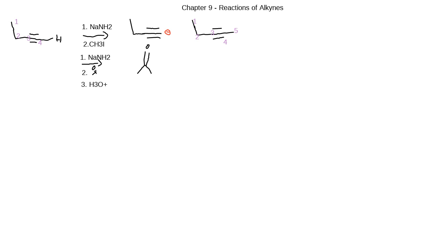Okay, so it creates a dipole moment because oxygen is more electronegative. Our dipole moment is going to go this way. Okay, so we have a partial negative here and a partial positive here.